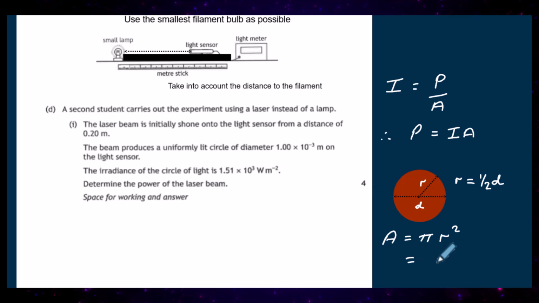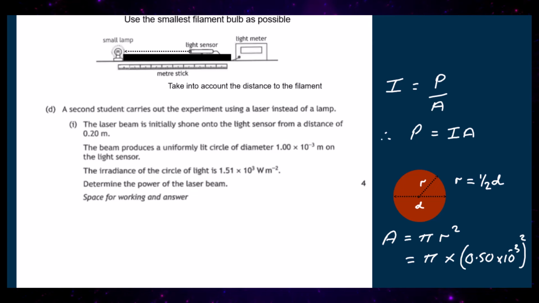The diameter is 1.00 times 10 to the minus 3, therefore the radius is 0.5 times 10 to the minus 3. So we've got pi multiplied by the radius squared, and the radius squared is 0.50 times 10 to the minus 3, and remember we have to square that.